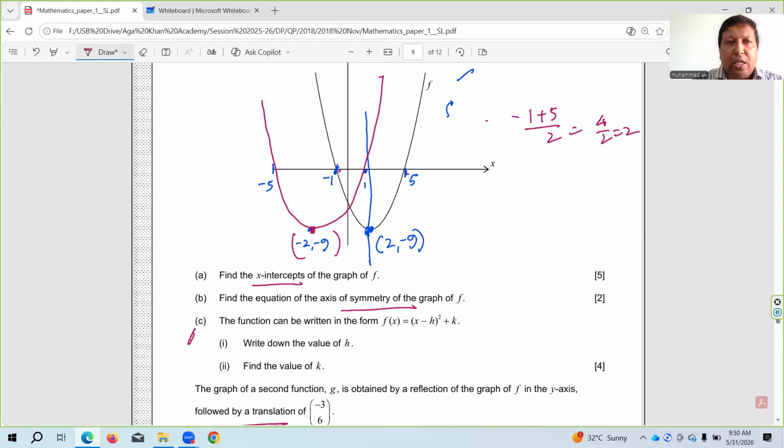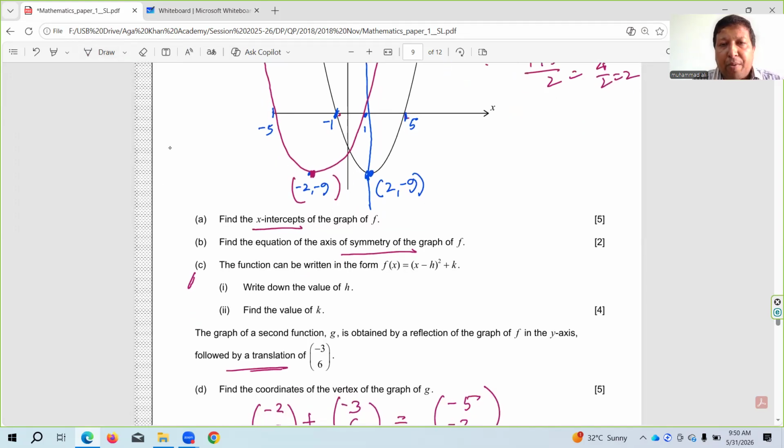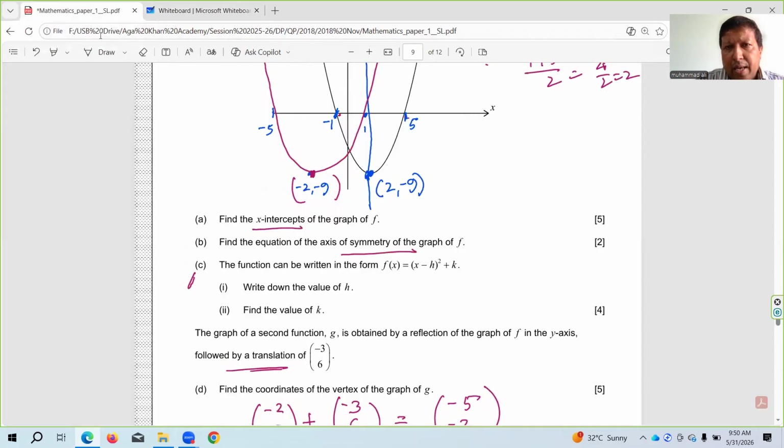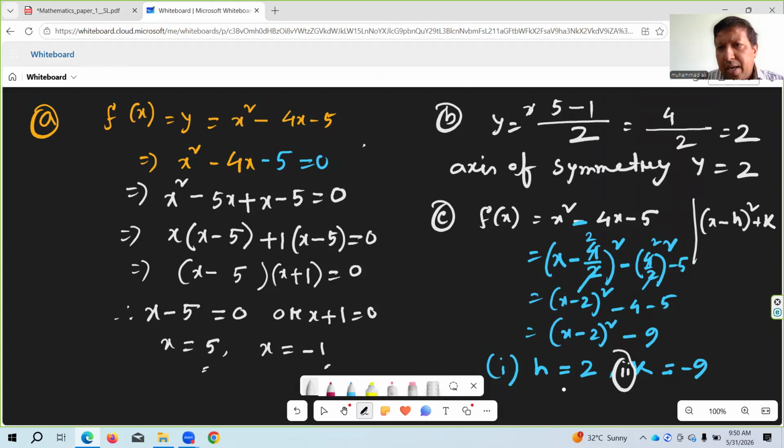And for C, we have to use the completing the square method. From here, we get the value of h and also the value of k. We have to write (x minus h) squared plus k. So h equals 2 and k equals minus 9.